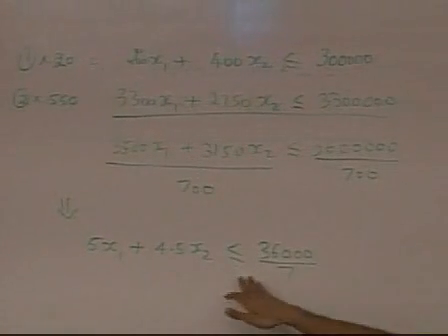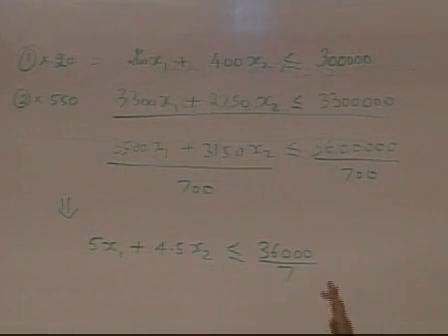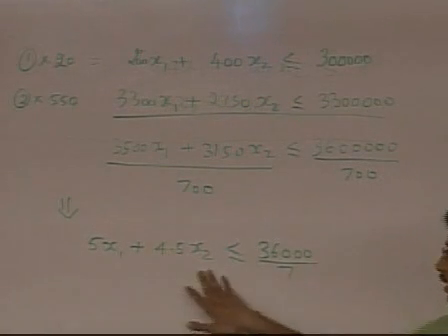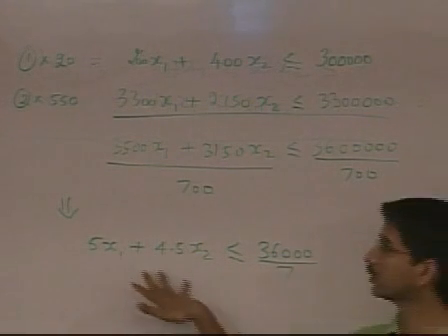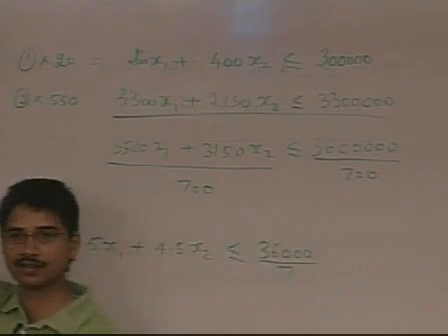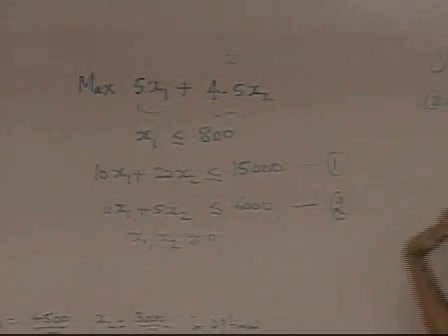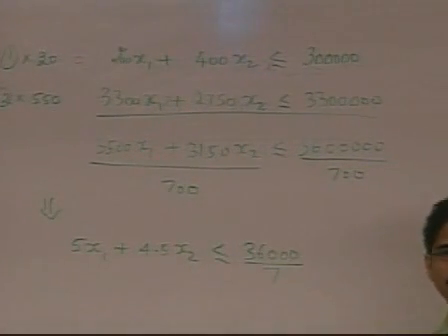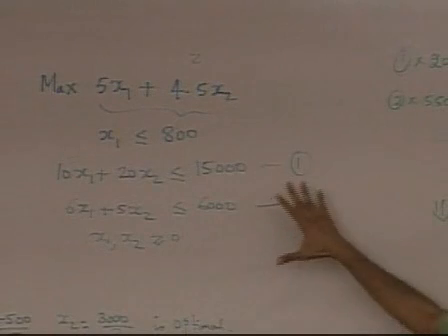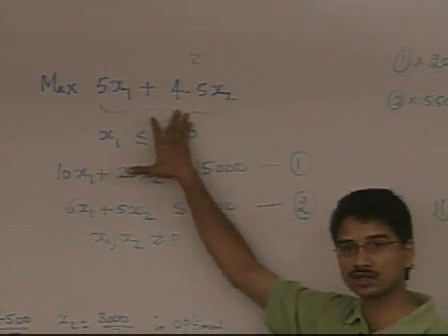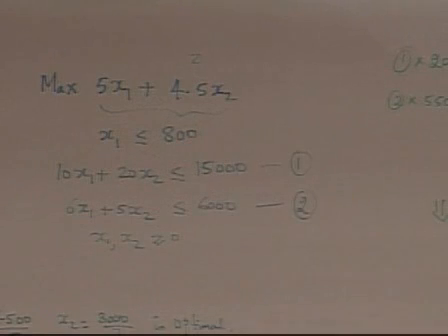And I get something that says that this quantity is at most 36,000 over 7. And of course, magically, this quantity exactly matches the objective function that I have. And so this proves that if you find any x1, x2 satisfying these two inequalities, then the largest possible value of the objective function is this.